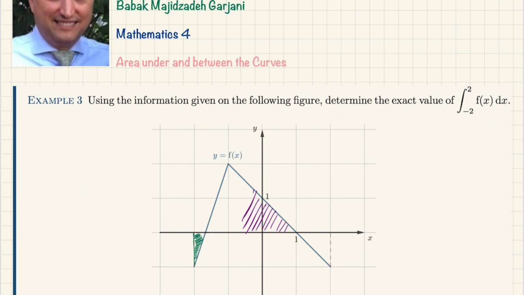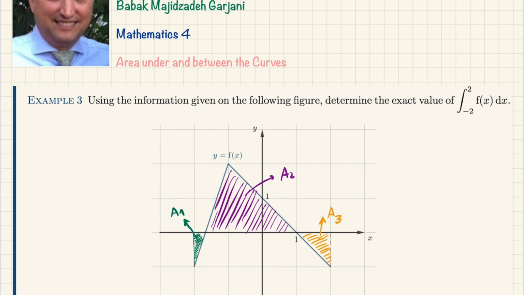Let me call this area A3, and this one A1, and that one A2.